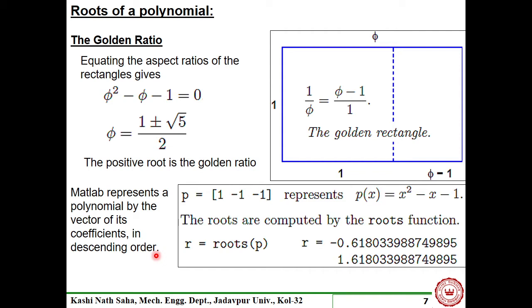Okay, and it represents polynomials by the vector of its coefficient in descending order. So this is how you have to represent your polynomial, not like ax square and bx, rather it is cx square plus bx plus a in this fashion. Now that you understand. Okay.